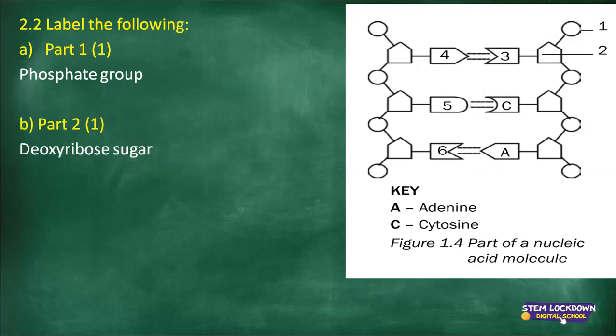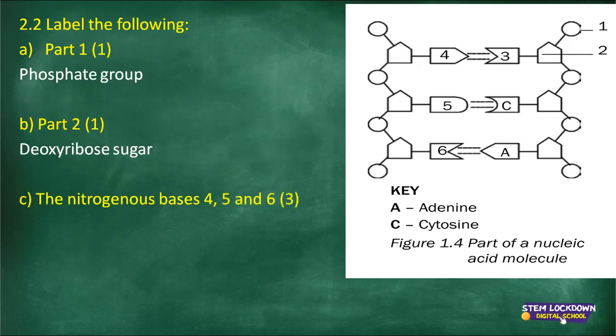Part two is the deoxyribose sugar. All right. I hope some of you got that right because I saw them in your answers. Then it says the nitrogenous bases for 4, 5, 6 are what?